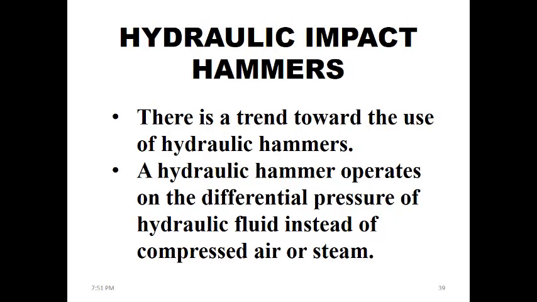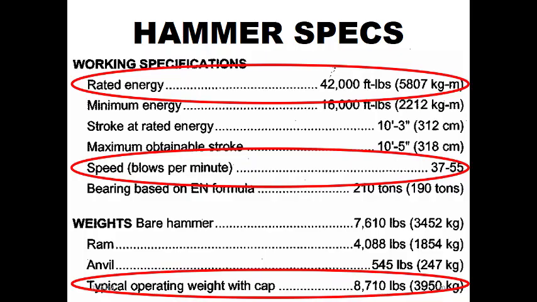And there's a trend in the industry for moving to hydraulic hammers, because a hydraulic hammer operates based on the differential pressure of the hydraulic fluid instead of the compressed air or the steam that we talked about in previous instances. And there are certain parameters that you can pay attention to, even though all of these numbers are important when it comes to the choice of the right hammer for its utilization.